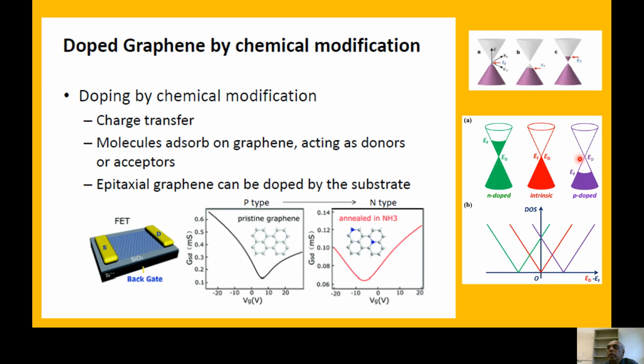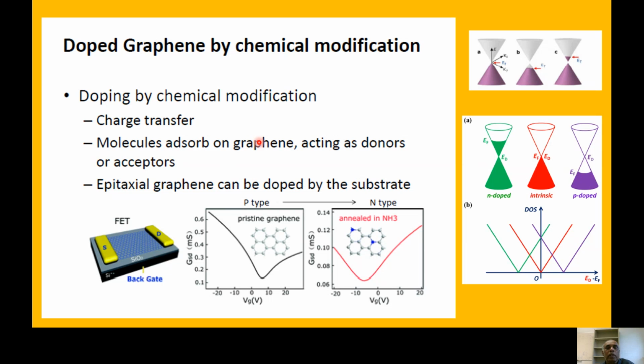If I dope with some acceptor, that means a p-type dopant, you can move your Fermi energy to the valence band. You can see initially it is here; N-type doping moves it in the N direction, and by p-type doping, you move your Fermi energy to the positive side. That means this direction, right?